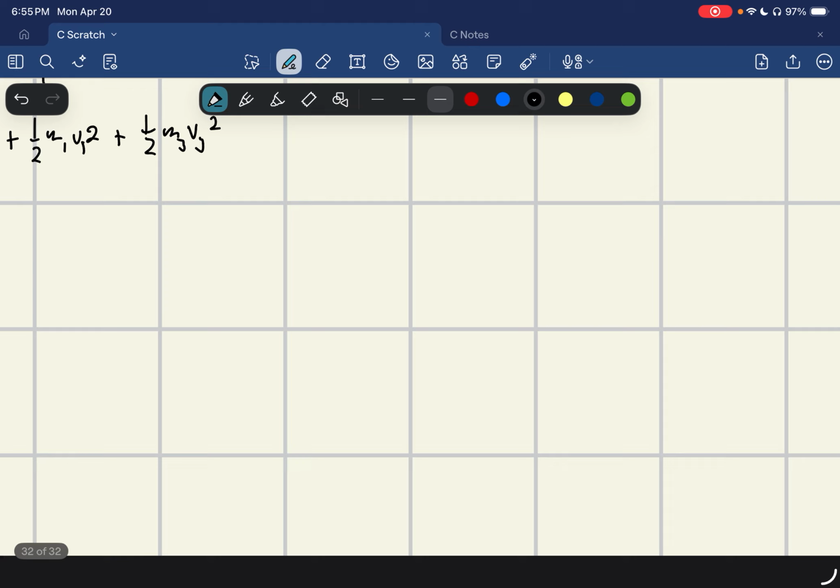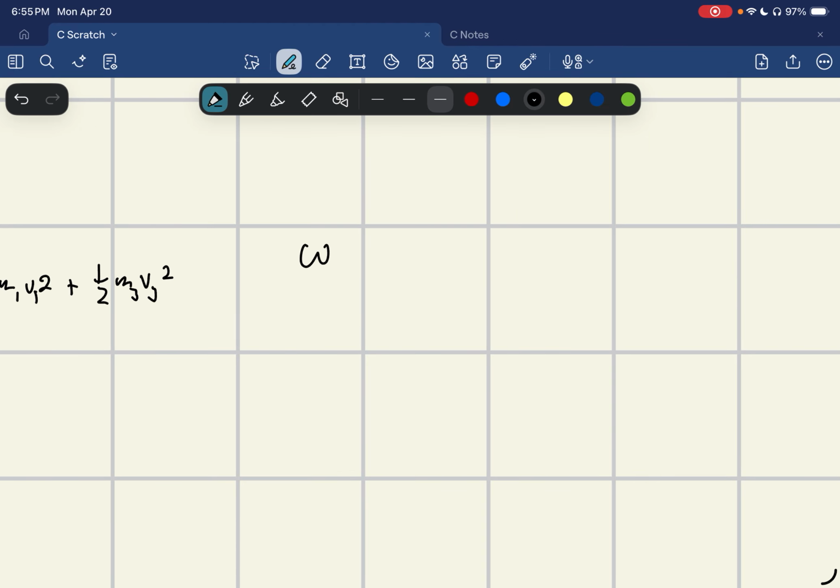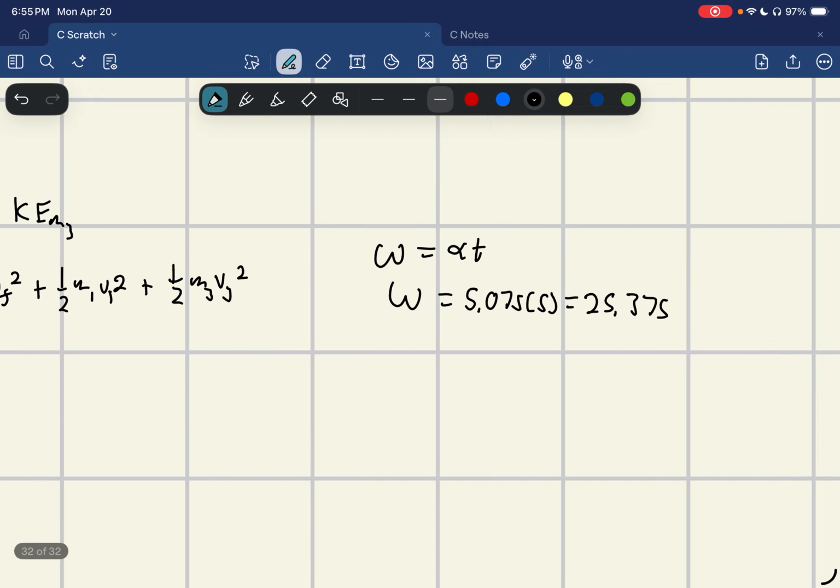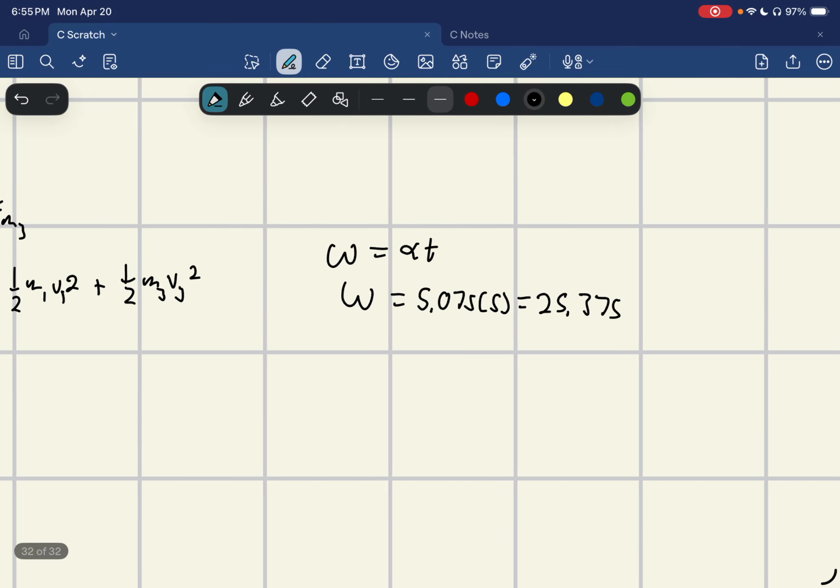So we know that omega is equal to alpha times time, and we are given that we need to find it after 5 seconds. So do alpha times 5, equal to 25.375. So we know that omega f is 25.375, and then we know that v is equal to r omega. So v1 is equal to big R omega.